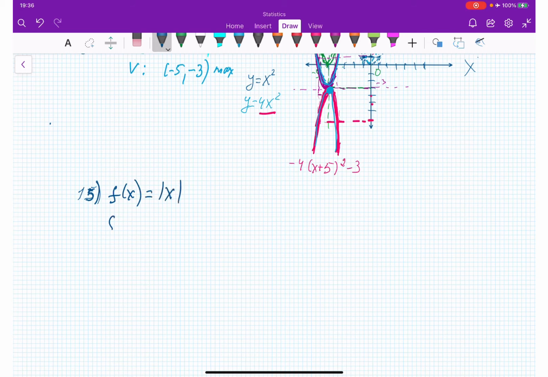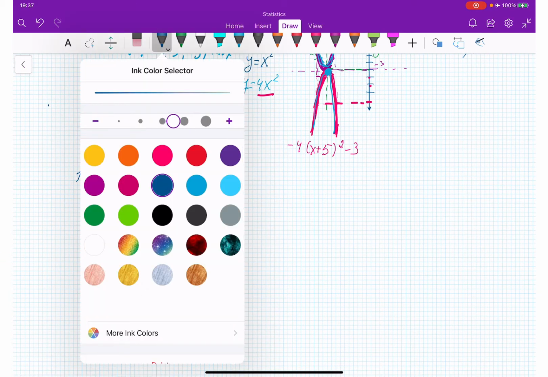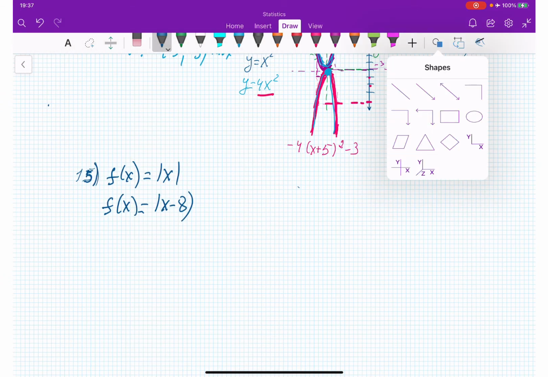So we need to build f of x is equal absolute value of x minus 8. All right. x minus 8. Let's see what's going to happen here. So first of all, let me build the graphing system.